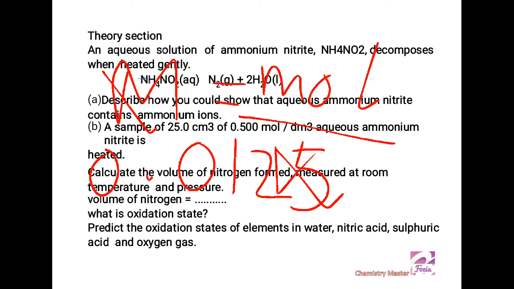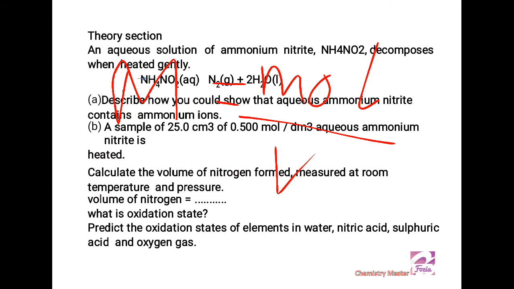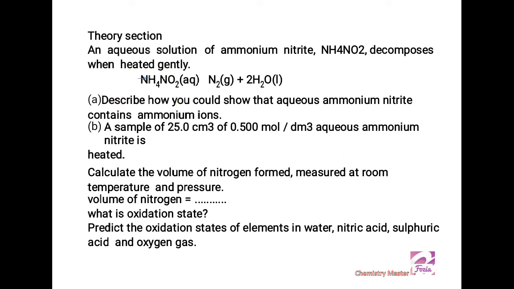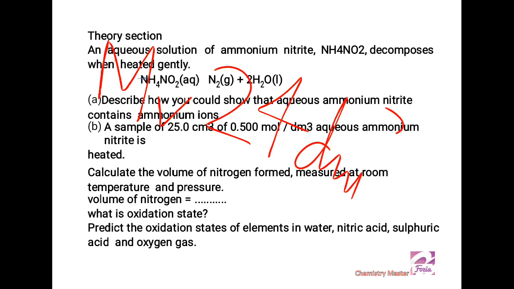You are also asked to calculate the volume of nitrogen. Do you remember the molar volume? If you know the number of moles of a gas produced, then you can also calculate the volume occupied by those moles. Yes, I am talking about molar volume. 1 mole of any gas occupies 24 decimeter cube of volume at standard conditions.